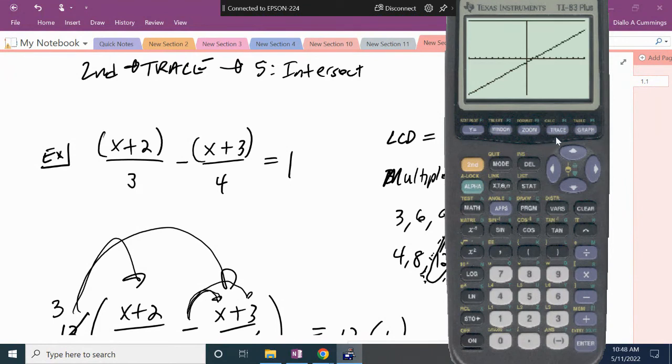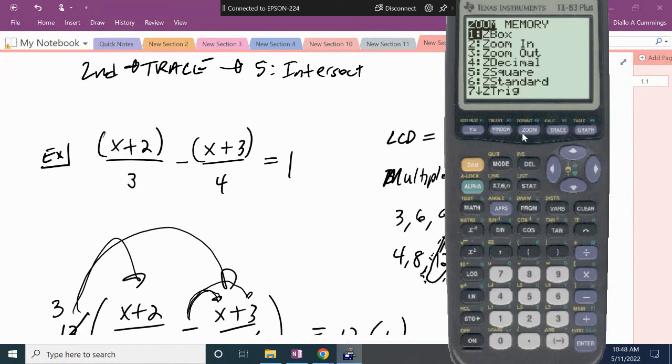Oh my goodness. All right. Okay, so this is why I'm saying the calculator is not a substitute for learning this stuff. So I'm going to go back to Zoom 6.